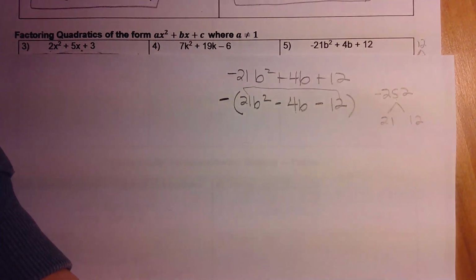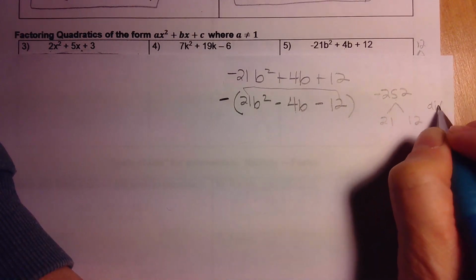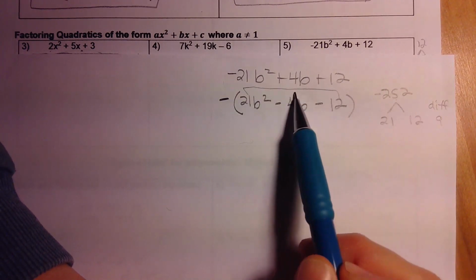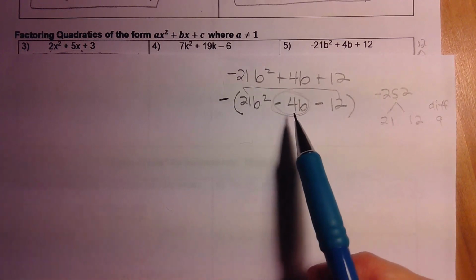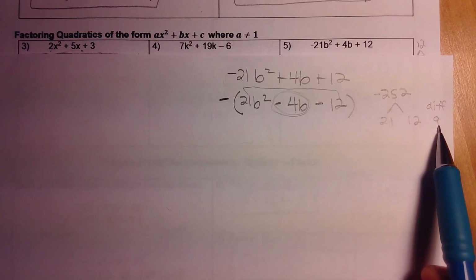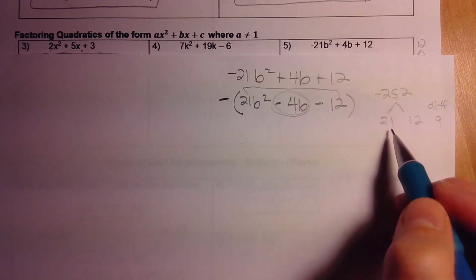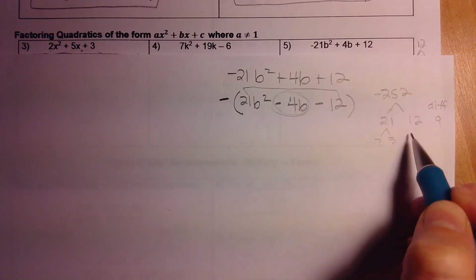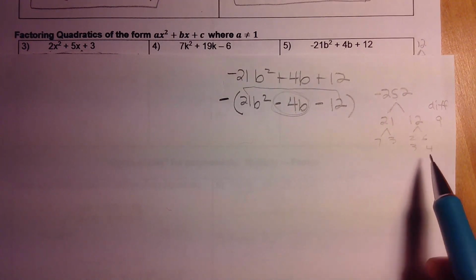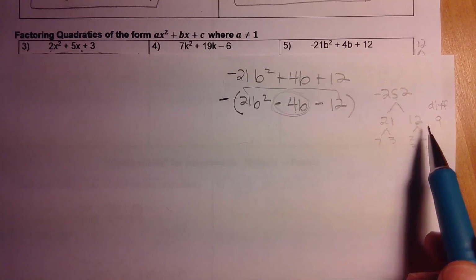One of them has to be negative. And if I looked at their difference, it is 9. And so I know that I want to find two numbers whose difference is 4. If I subtract them, I want to get a 4, not a 9. And so I want two numbers closer together than 21 and 12. So I'm just going to write the factors of these guys, 2, 6, 3, and 7, and see if I can generate a combination of numbers that are closer together than 21 and 12.